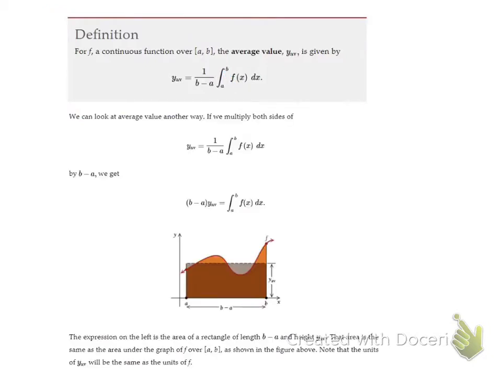Now, we can look at this a slightly different way. If we multiply both sides by b minus a, then we'll get this equation. Basically it's saying that if we make a rectangle with width b minus a and height y, which is the average function value, then we're going to get this rectangle.